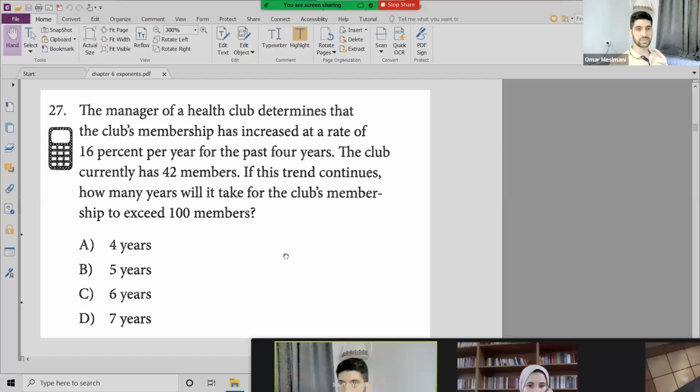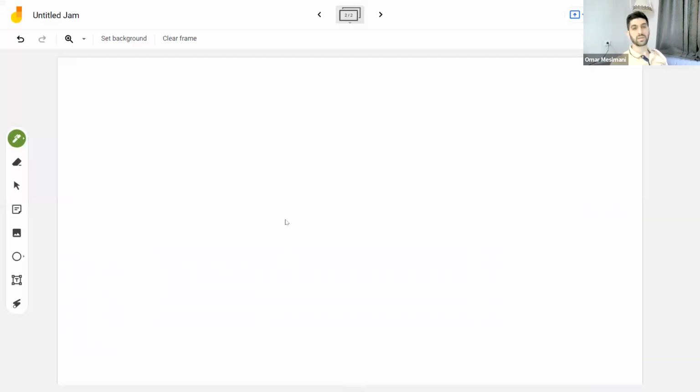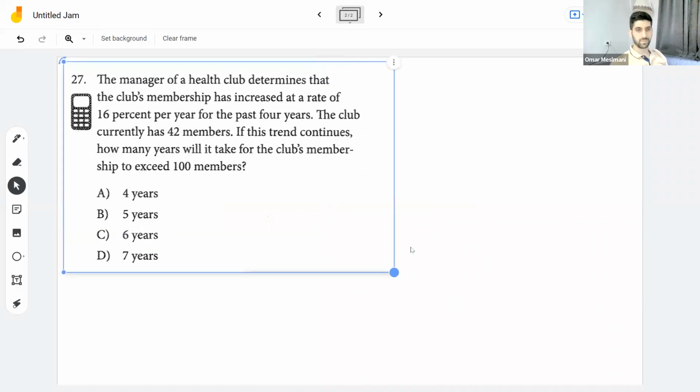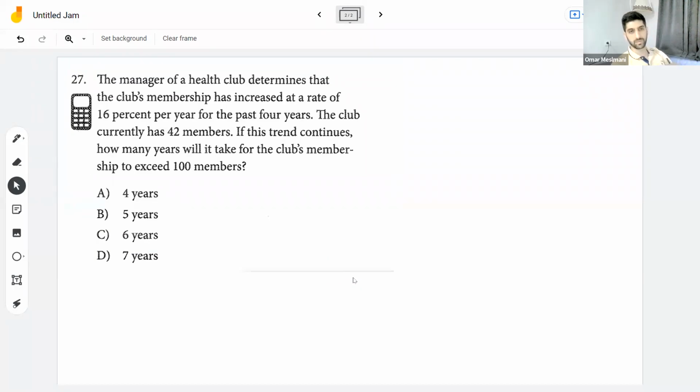Okay, here, as you can see, he's saying that the manager of a health club determines that the club's membership has increased at a rate of 16% per year, okay? For the past 4 years.